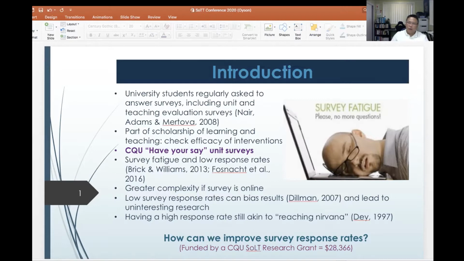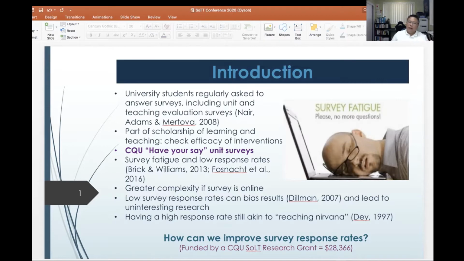The other problem is that researchers might think that what they're doing in terms of the scholarship of learning and teaching is uninteresting. It hasn't captured the attention of potential respondents, so they think it's not worth getting involved in a research project.